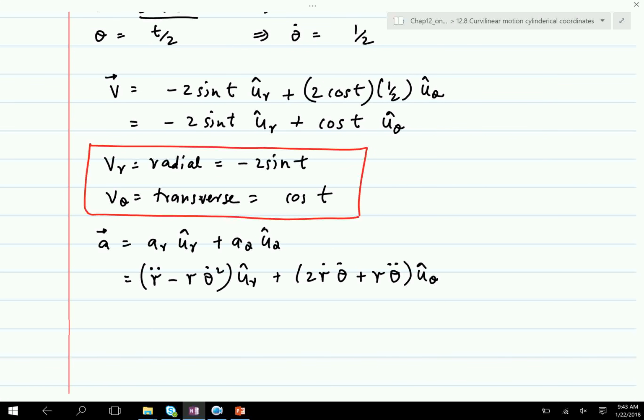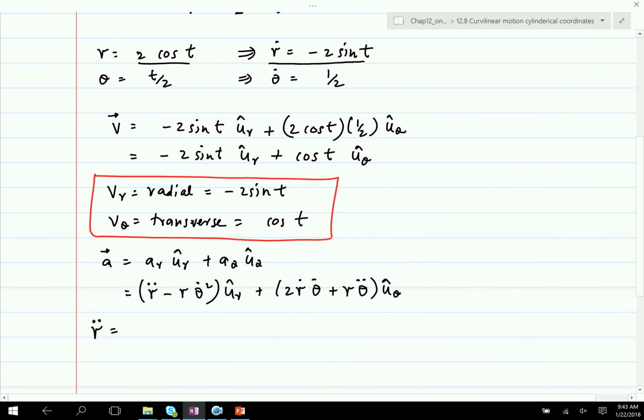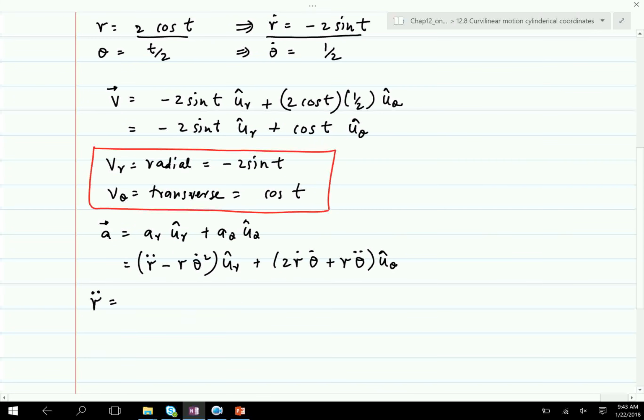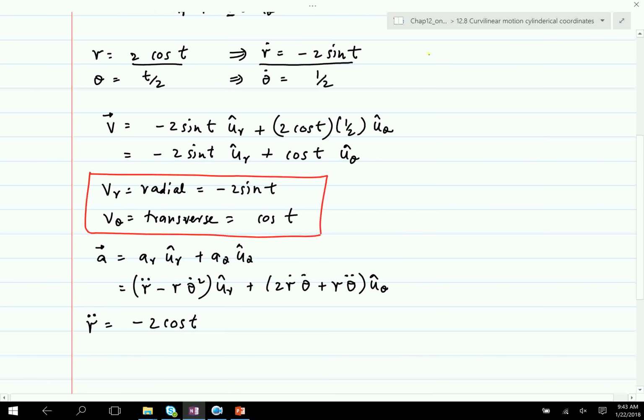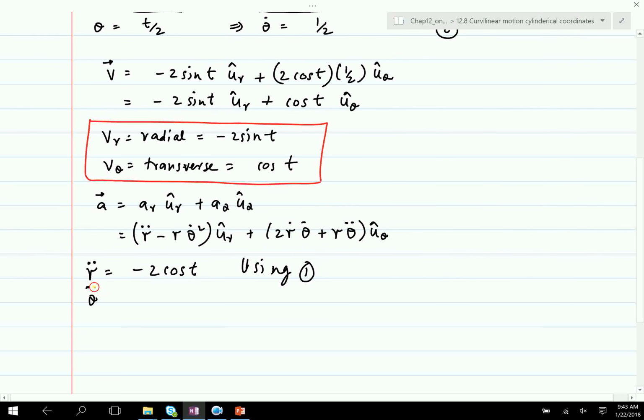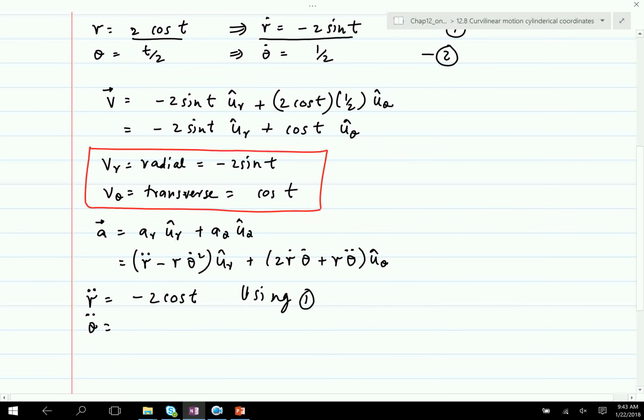So r double dot: you know what r dot is, it's minus 2 sine t, so r double dot is minus 2 cosine t. Similarly, theta double dot is going to be the derivative of half, which is 0.